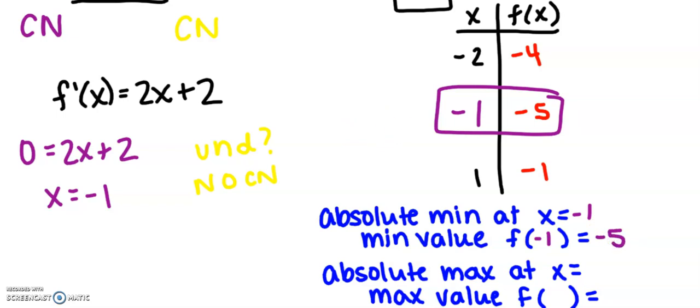The absolute max, which of these is our highest? Well, our highest is an output of -1, and that happens when x is equal to 1, f of 1 is equal to -1. So remember, the x is where something is happening. The actual minimum or maximum value is the output, the actual height.